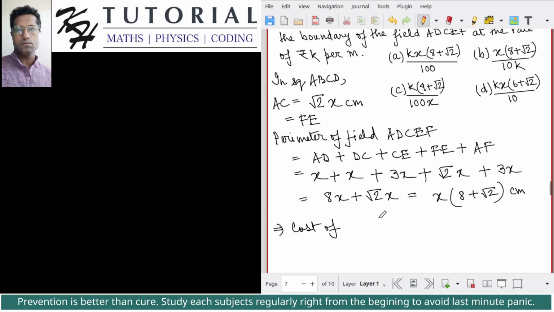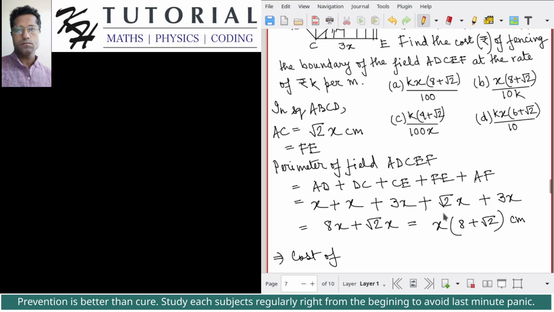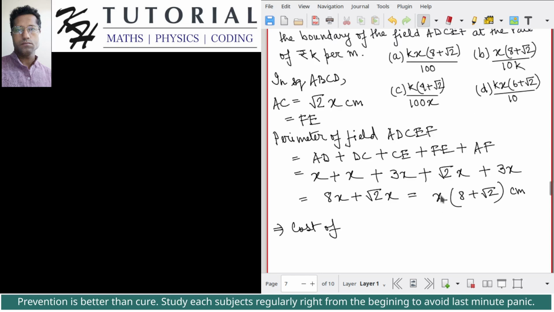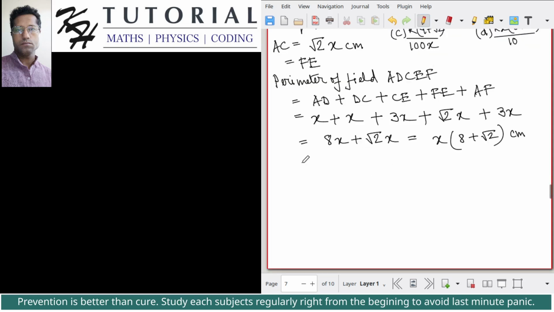Okay. Now, before finding the cost of fencing the field, we need to find the rate per centimeter, because the perimeter of the field is in centimeter. So the rate is given as rupees K per meter.